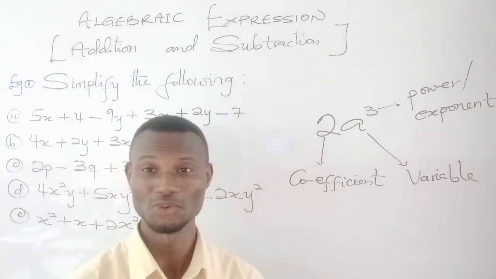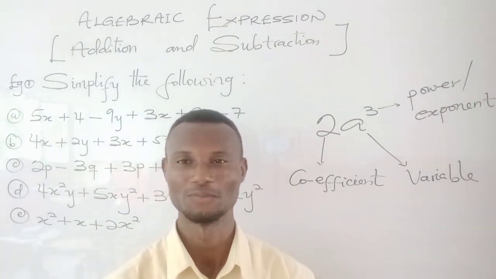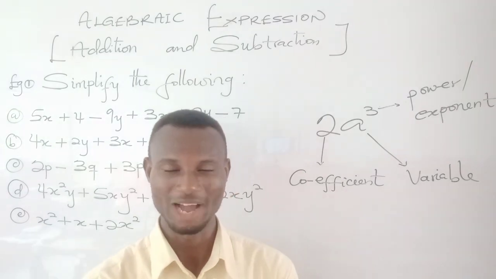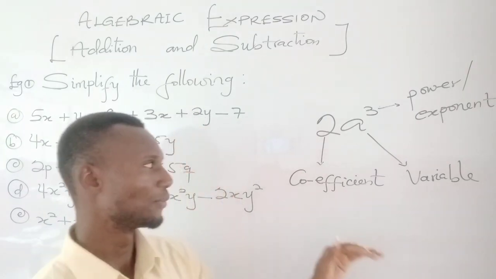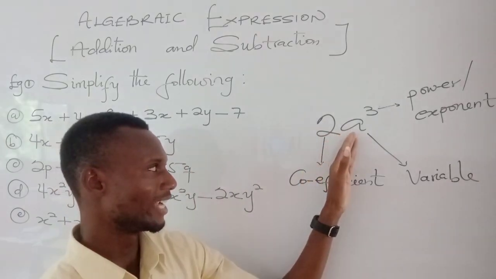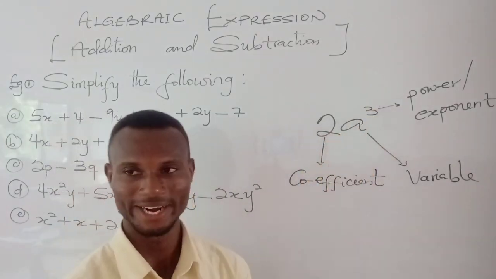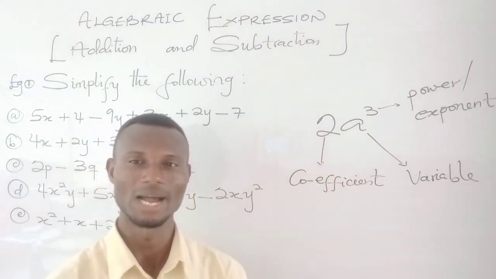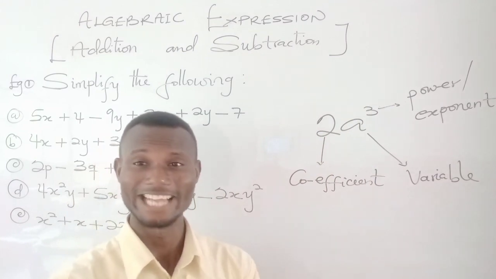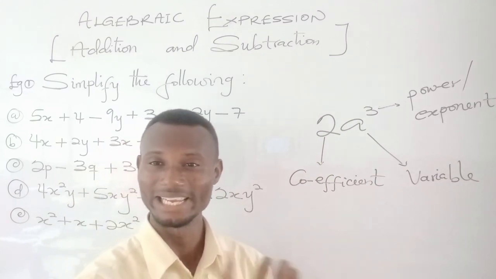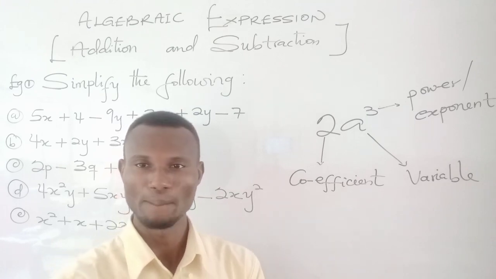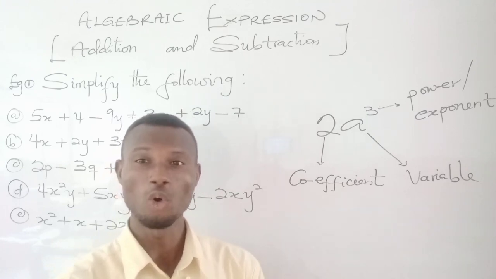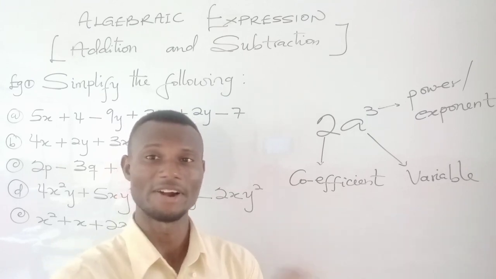Now, I'm going to do a quick recap on whatever I've said up to now before we proceed. So now I wrote 2a to the power 3 on the board, and I'm saying that anytime you have any given number in front of a variable, that number is called the coefficient of the variable.